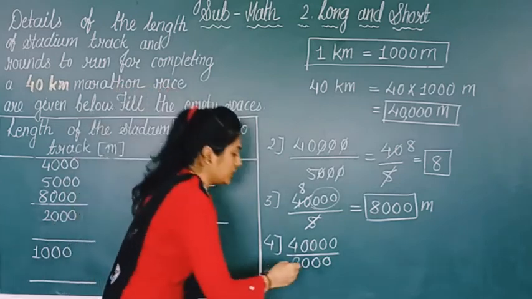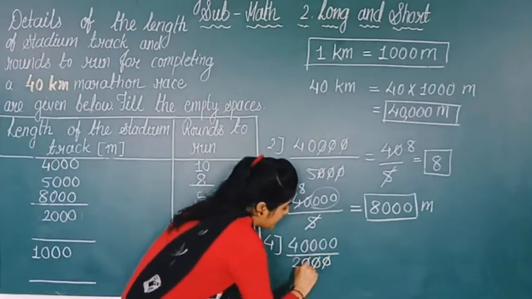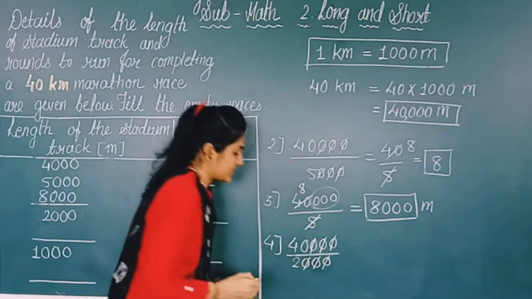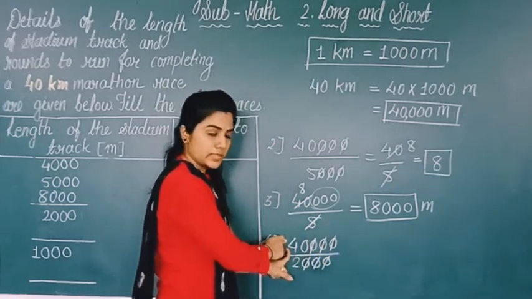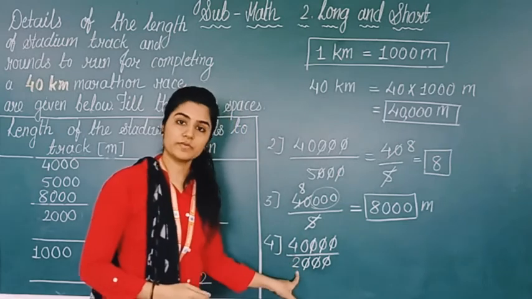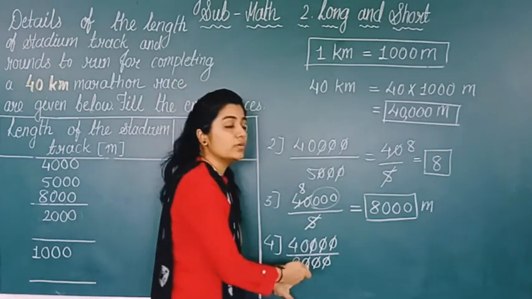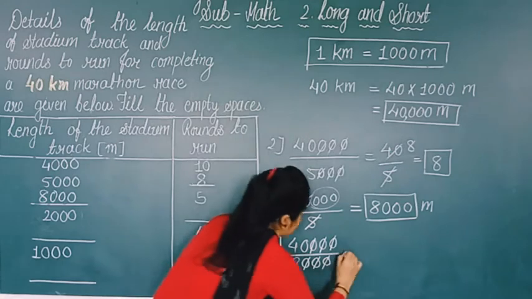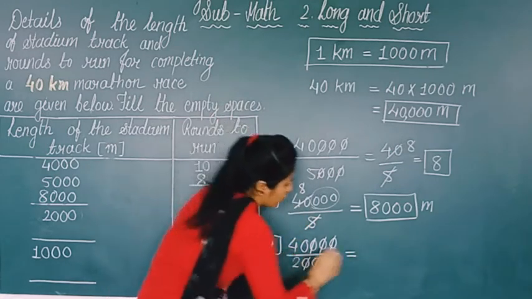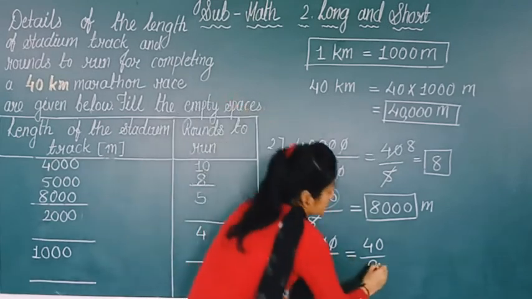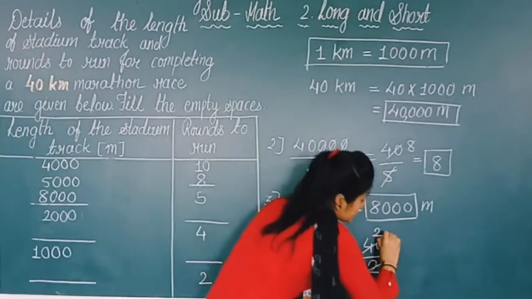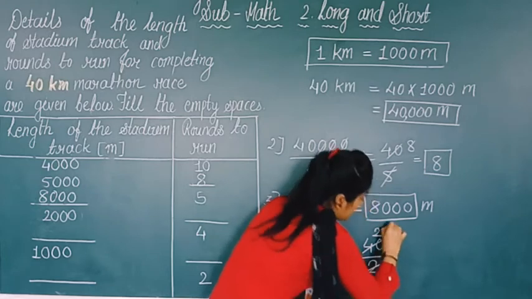Again that same method. These zeros from backside we are cutting, because this 40,000 is in place of numerator and 2,000 is in place of denominator. So we can cut this zero from backside, right? So now we are having 40 divided 2, right? 2 2s are 4 and this 0 backside.